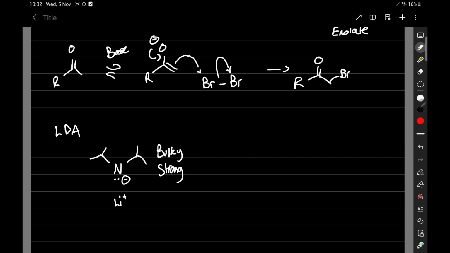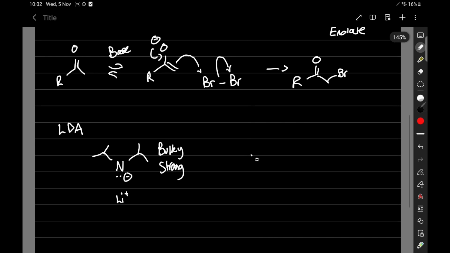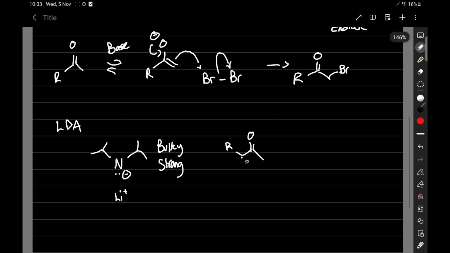But what it means for enolates is that if you have a ketone, and you have ketones that are not symmetric, so there's two different sites for deprotonation. So let's say we've got the contest between these two protons here.